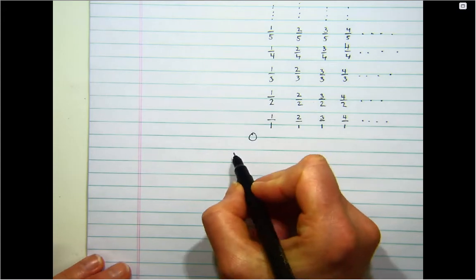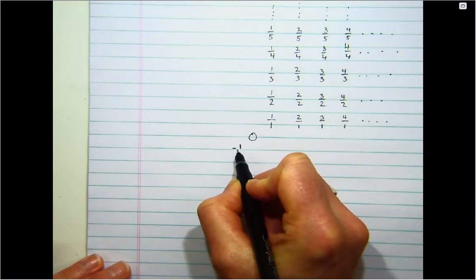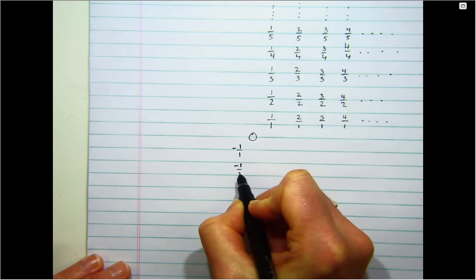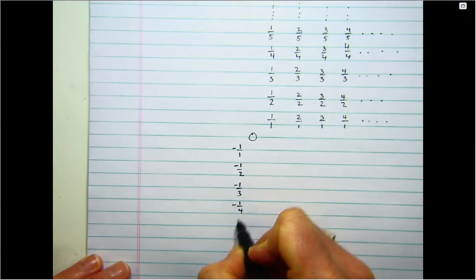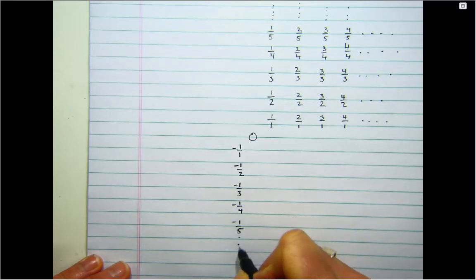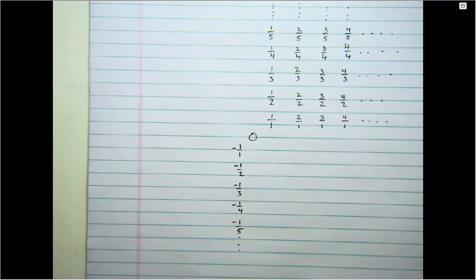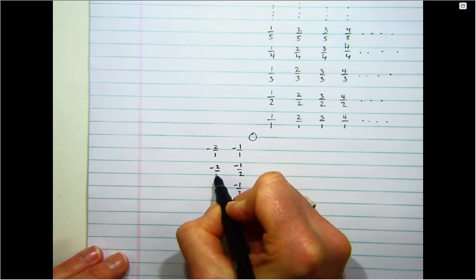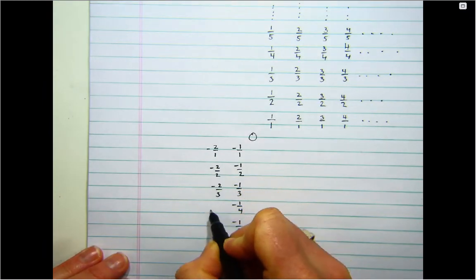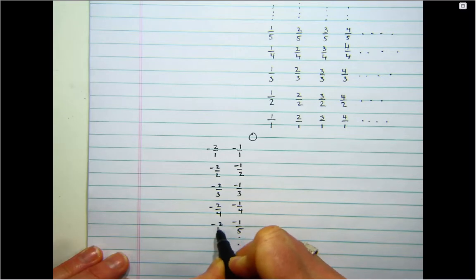First I'll make a column with all the negative fractions with a 1 in the numerator. So I have negative 1 over 1, negative 1 over 2, negative 1 over 3, negative 1 over 4. And now all the fractions with a negative 2 in the numerator: negative 2 over 1, negative 2 over 2, negative 2 over 3, negative 2 over 4, negative 2 over 5, and dot, dot, dot.